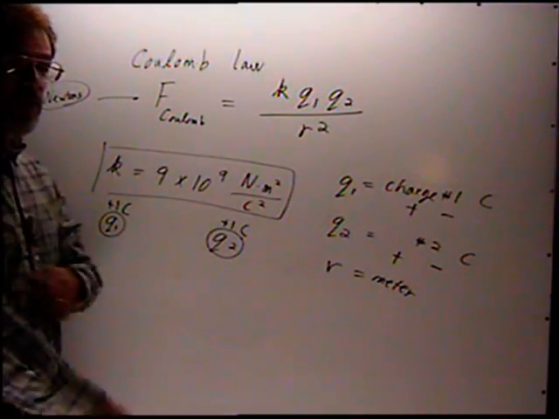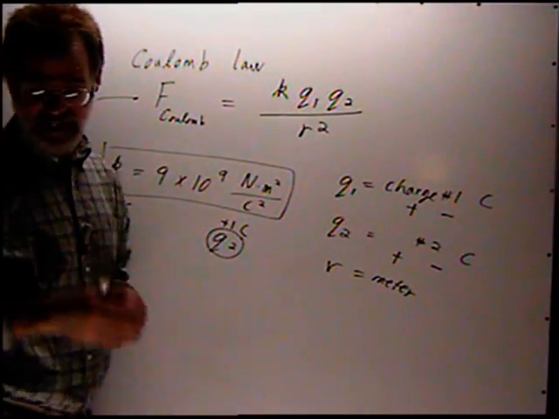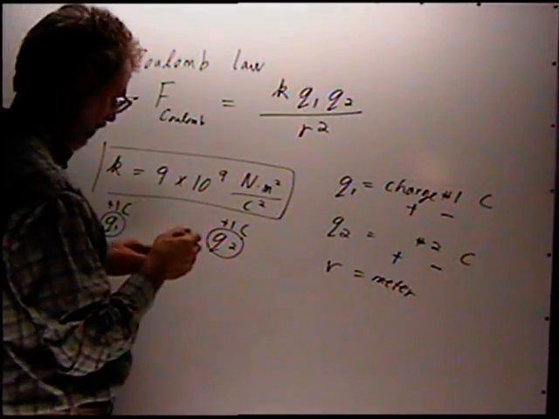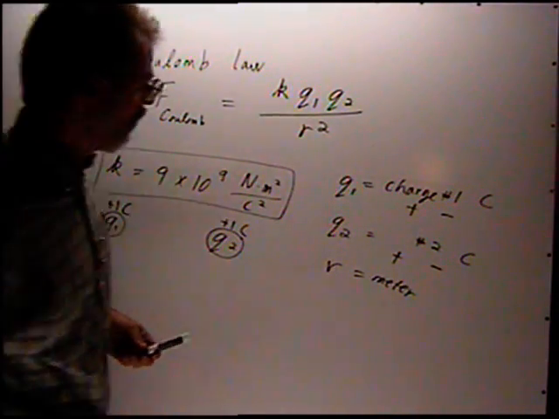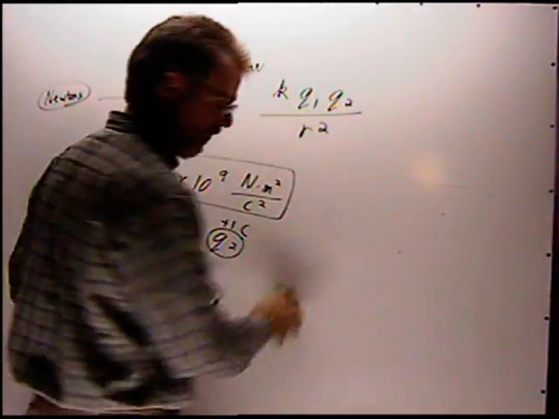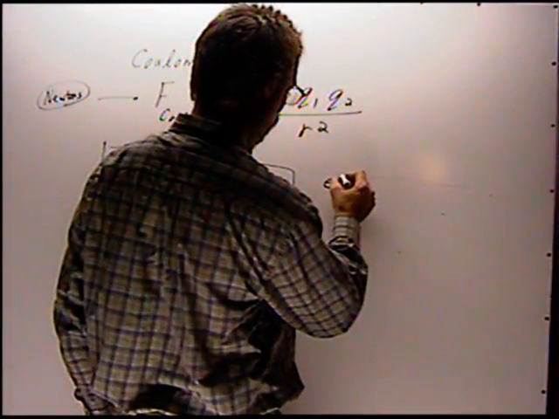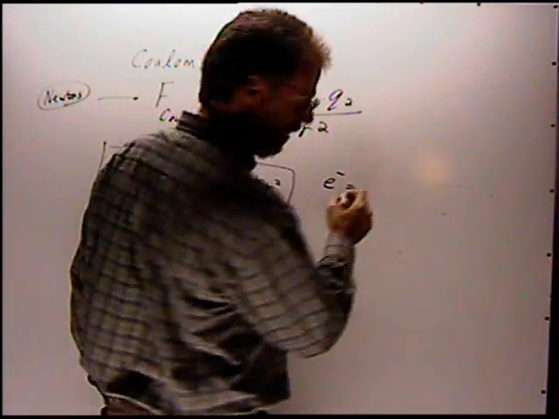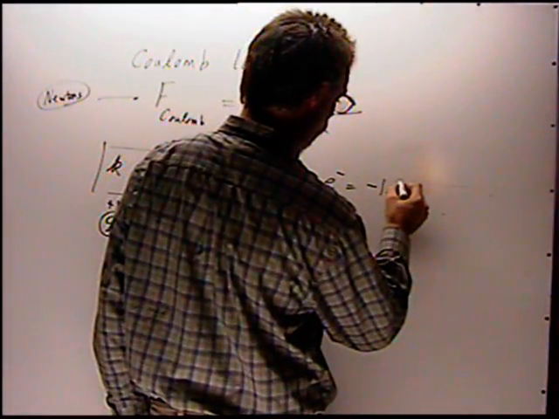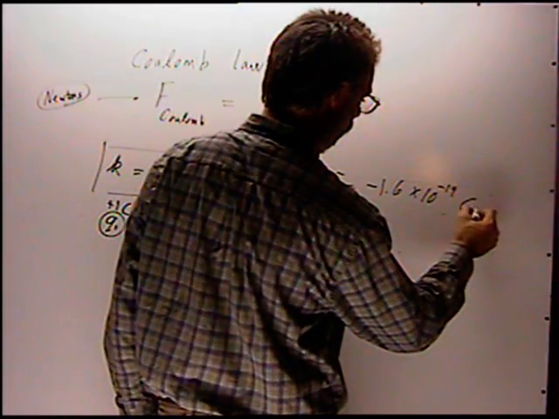Now, 1 coulomb of charge is a very, very large number. And if you look in your book, the charge of 1 electron or 1 proton is very, very small. If you look at the front of the book, the charge of one electron is minus 1.6 times 10 to the minus 19 coulombs.